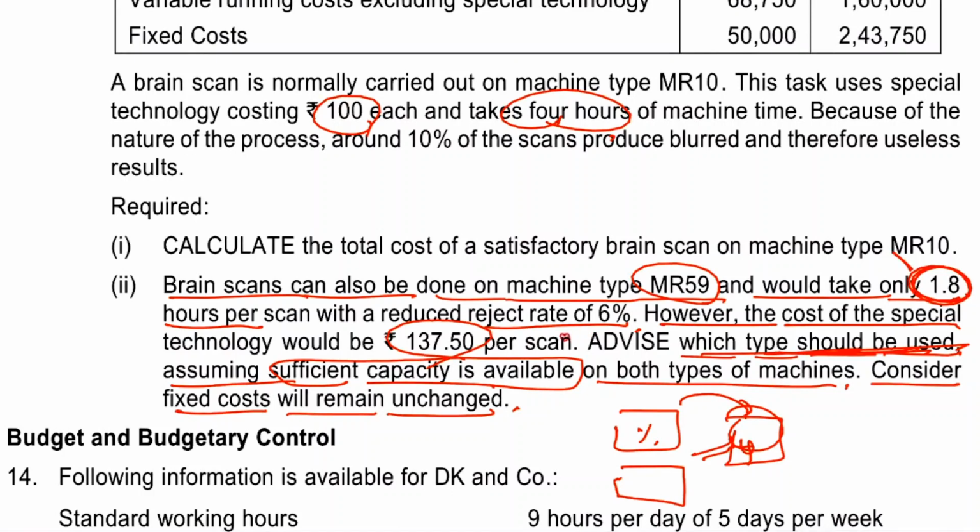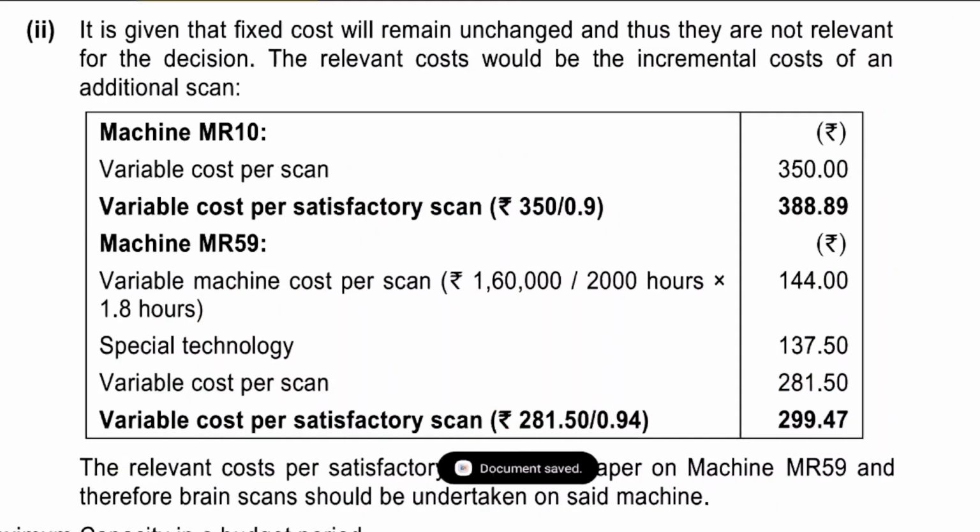So I can directly divide by what percent? I can divide by 94%, or 0.94. It came to 299 point something. So 299.46, that is 299.47, whatever.